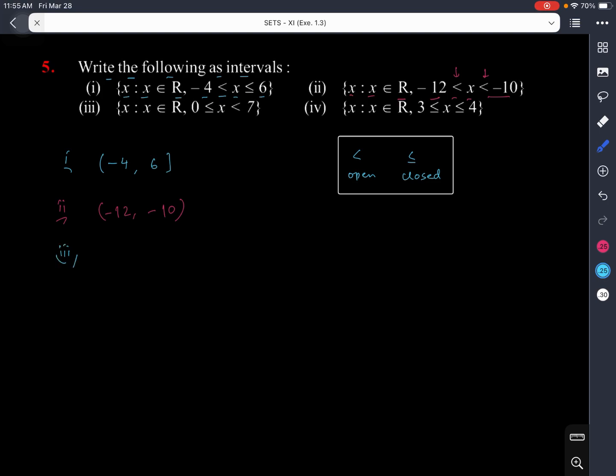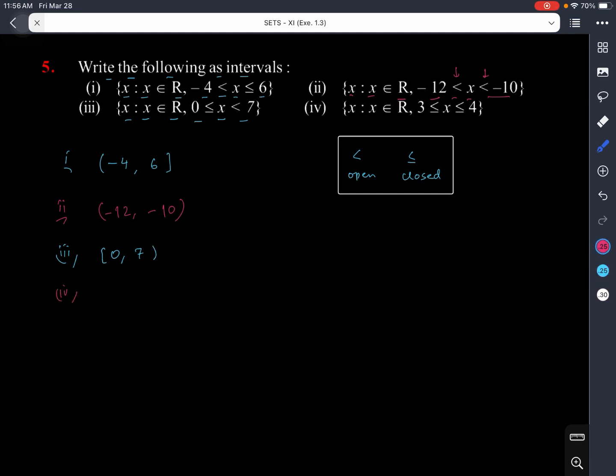So here we are having a set where x such that x is a member of real numbers and x is greater than or equal to 0 but less than 7. So one can see that this interval is closed from left side and it's open from right side. So in the form of interval, this set will be represented as [0, 7). From left side, we'll be having a closed interval bracket, and from right side, we'll be having an open interval bracket.